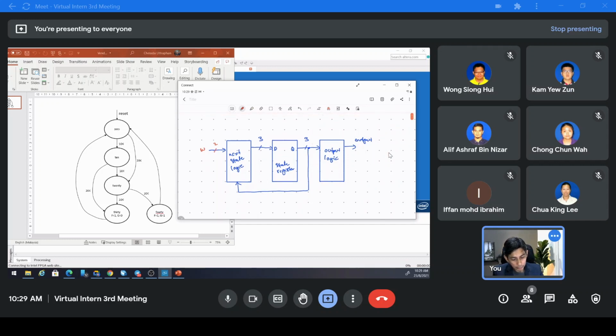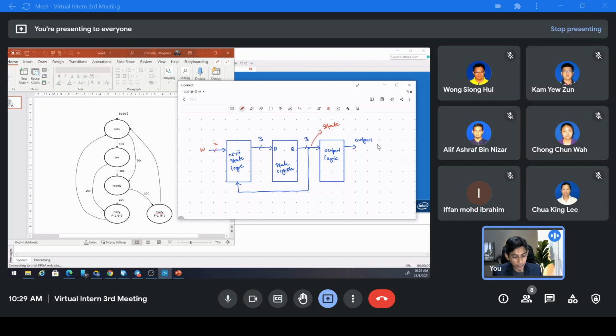So this signal is the state, it represents the state of our finite state machine. All right, this signal.